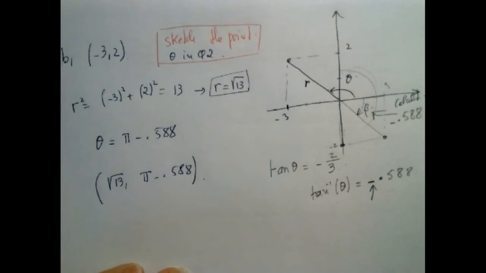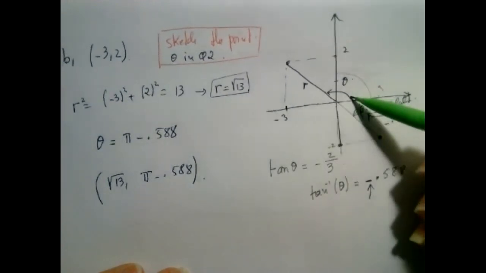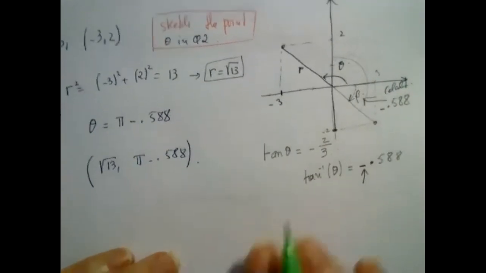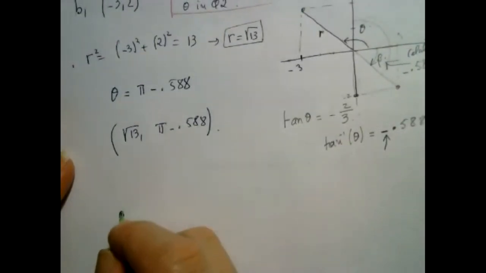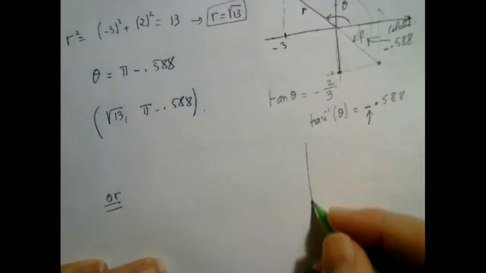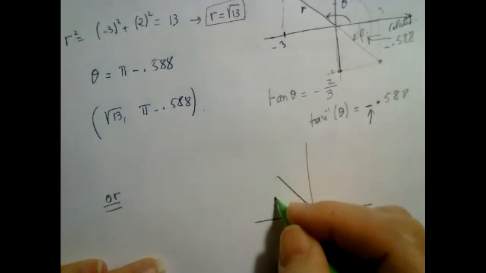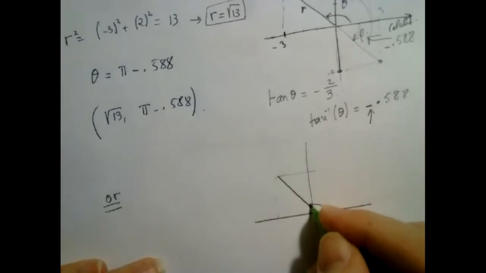Now, if you don't want to use the tangent, remember, this is trigonometry. What I want is this angle theta. So another way you can do it, I don't want to confuse you, but honestly, I want you to be very flexible with that. You can do the following. You say, okay, I don't want to deal with this negative stuff. So this is the theta I want.